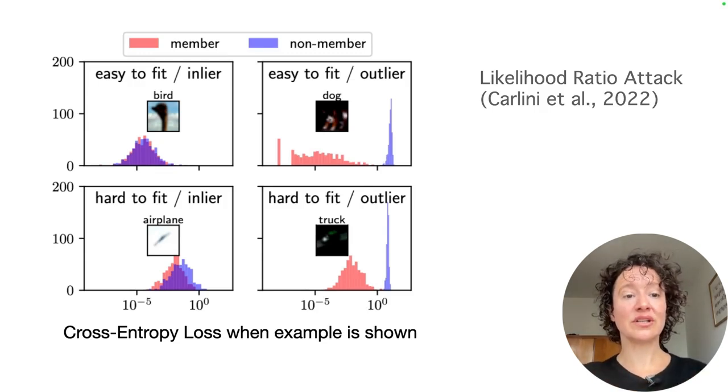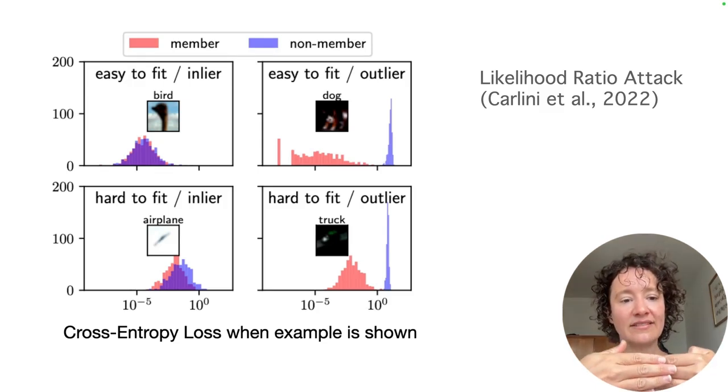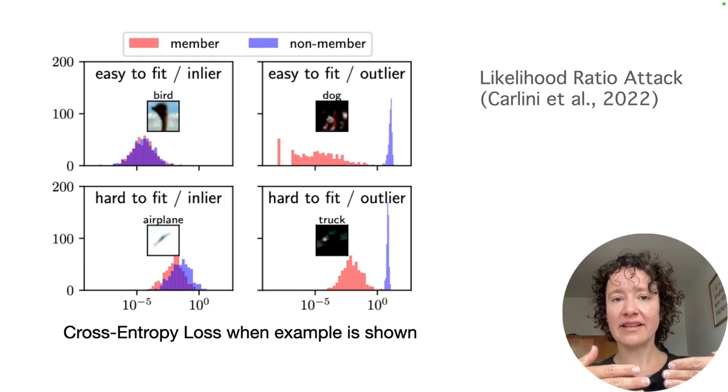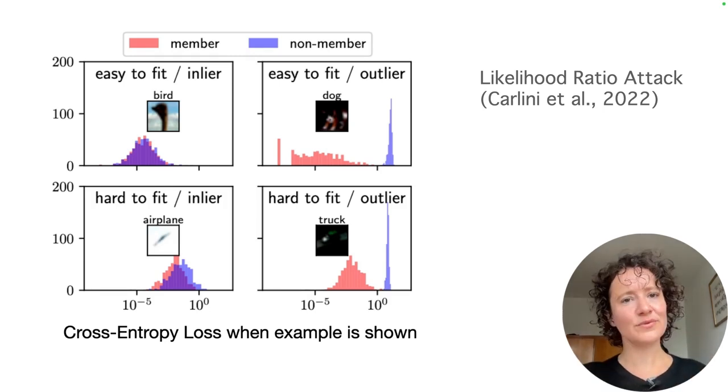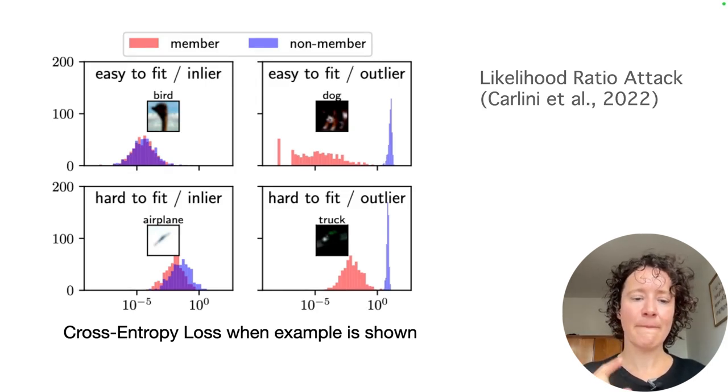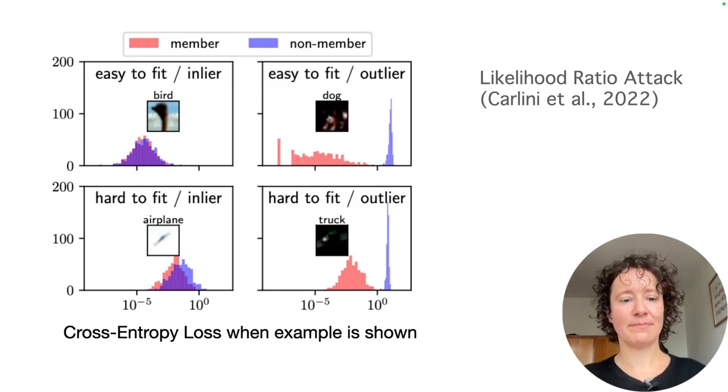But when we look at the more complex examples, so airplane in this data set is harder to learn. It has more depth and complexity as a class. Then we can see, is it as easy as the outliers? No, but we can start to maybe, if it was on the edges, then we could perhaps predict. Not 100%, but perhaps.